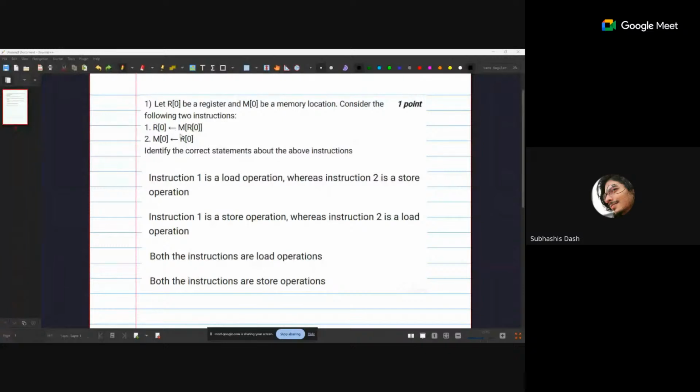And in the second operation, we are taking whatever data is in R0 and we are storing that in memory location 0. So in the first one, we are copying some value into the register. So this is an example of loading. And in the second one, we are taking data from a register and copying it into some memory location.